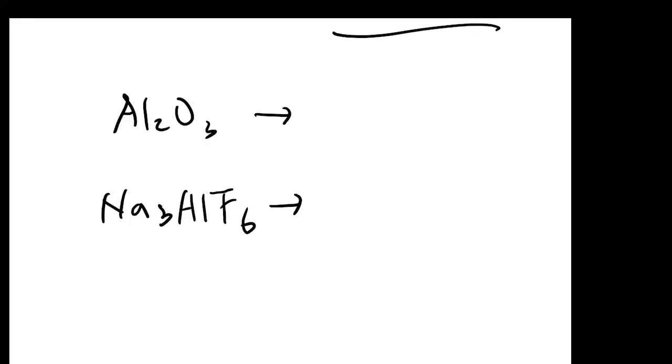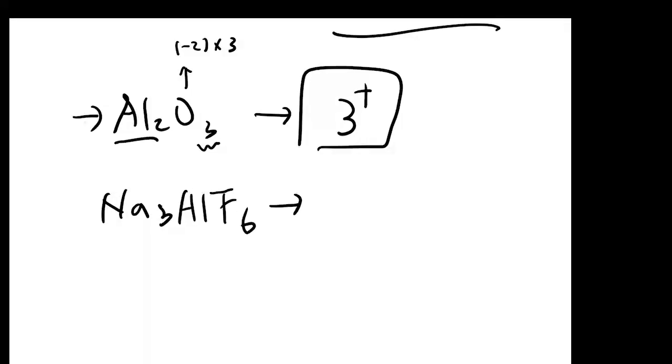What is the oxidation number of Al in this compound? Here you have 3 oxygens, and oxygen is always -2. You have 3 of them, so that's -6, and the overall compound is balanced. Therefore, your aluminum is 3+.